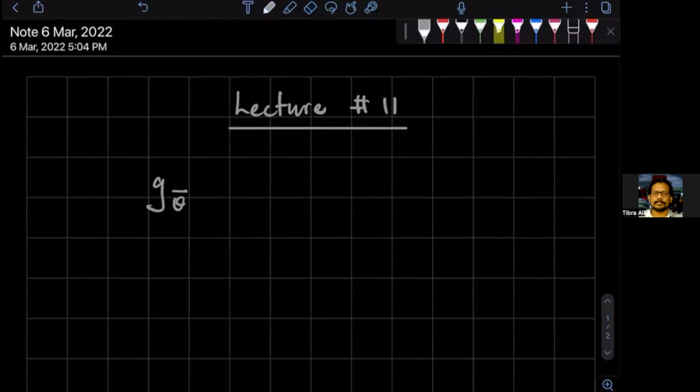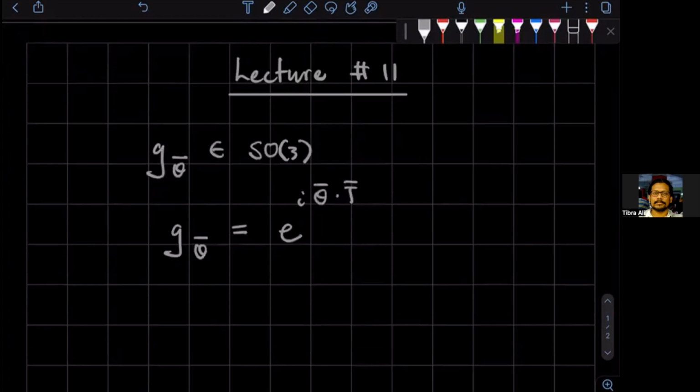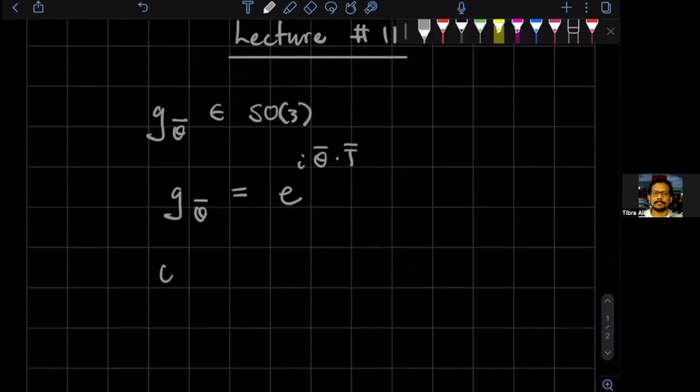G of theta is an element of SO3, and we can write it as G theta is equal to e to the power i theta dot T. So what does this mean? This means theta is a set of three numbers, theta 1, theta 2, and theta 3, which are a subset of the real numbers.